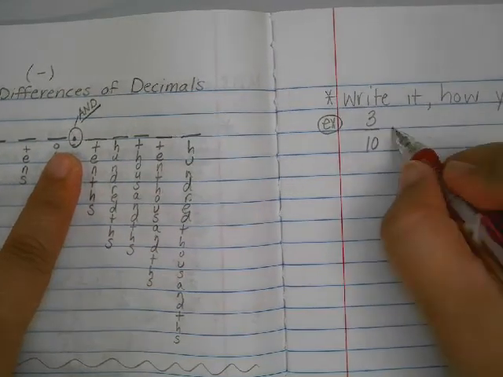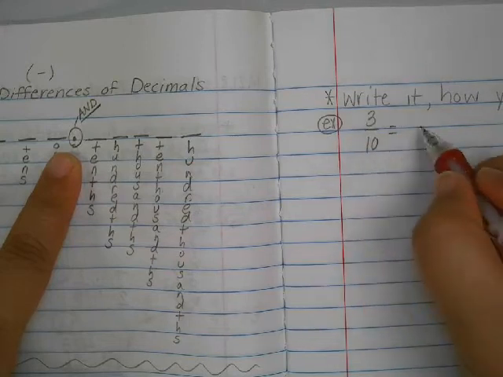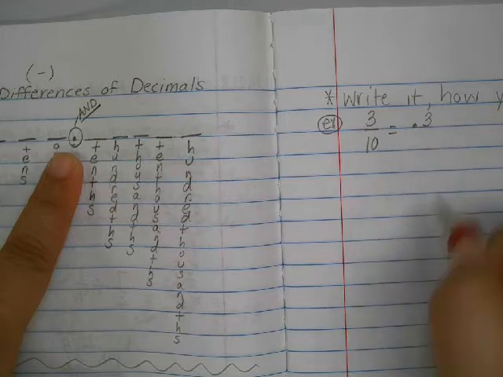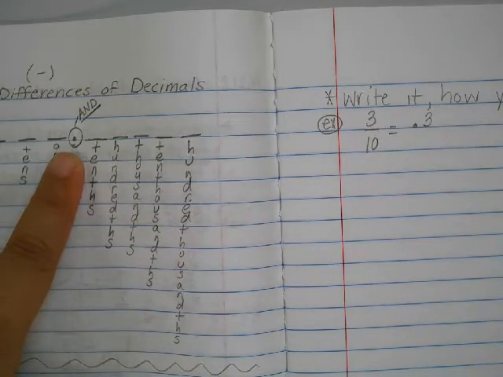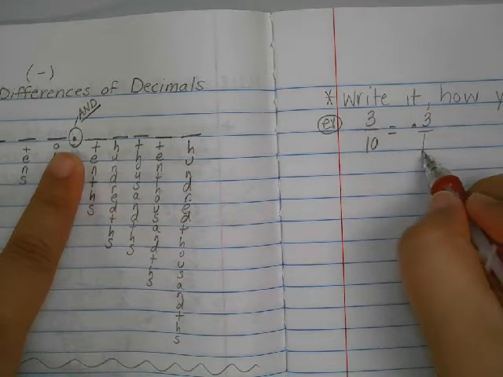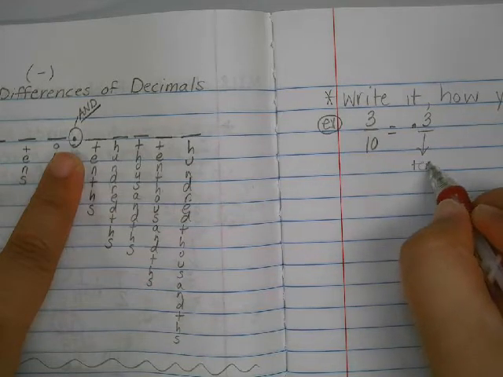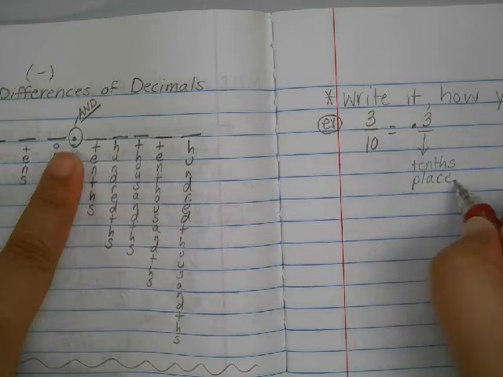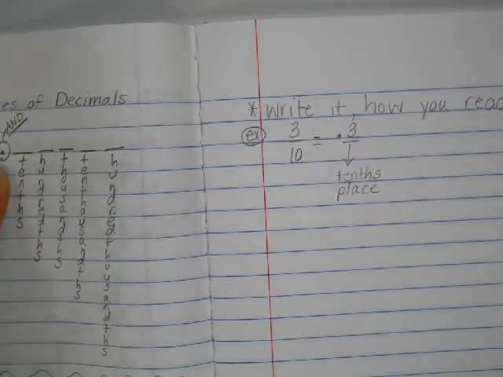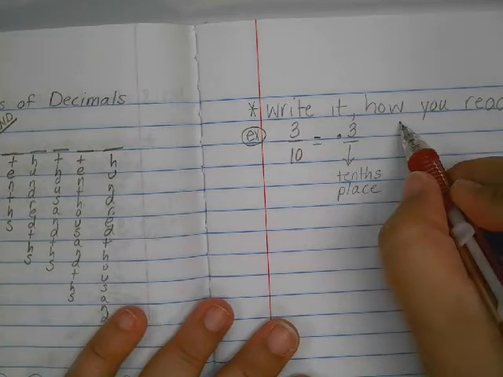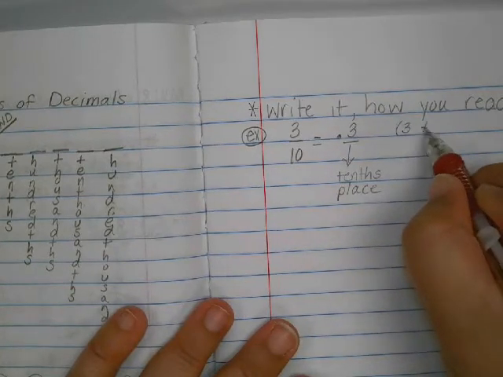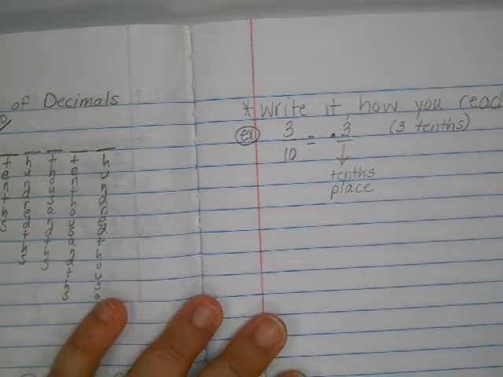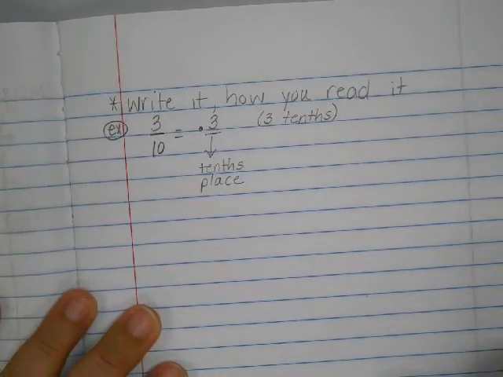So when I write it, I can say that 3/10 is equivalent to, I put in my decimal, and then my 3 goes right into that tenths place. So when I read this, I'm actually saying 3/10. That's how I read that fraction.